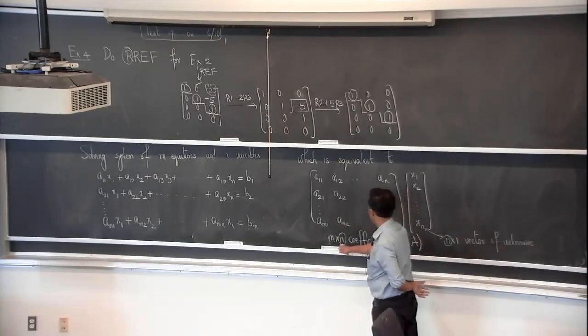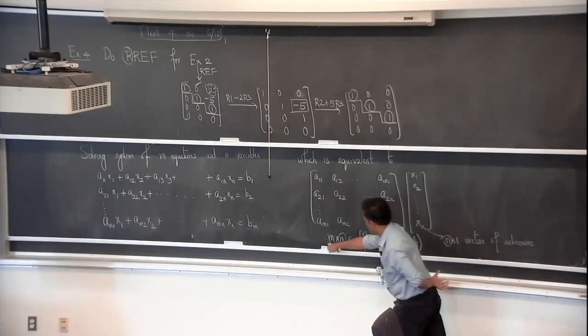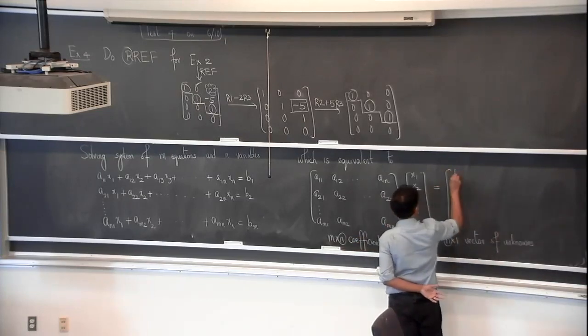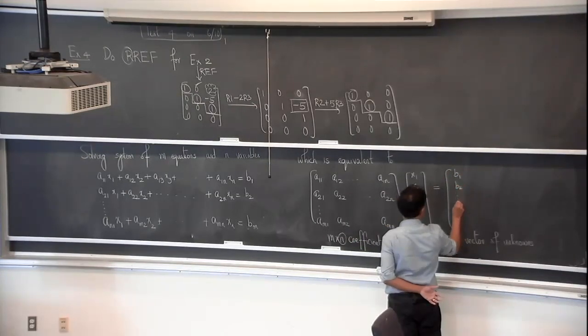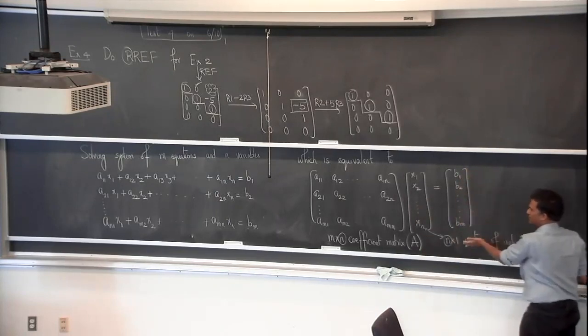The number of columns here and the number of rows here are the same, so the product should be an m by 1 vector, and that's equal to b1, b2, bm. That is m rows, not n rows.